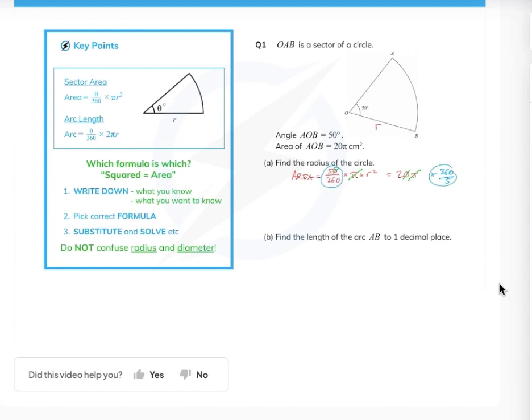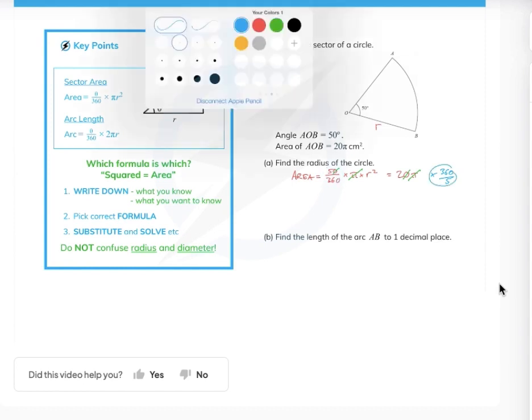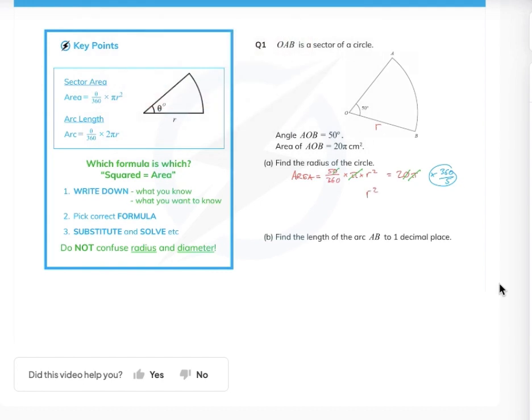Well, I'm trying to get rid of 5 over 360. If I do that, I get r squared equals 2 times 360 over 5, which is 144. You might take a couple more steps to do that, but that's fine. And square rooting gives me r equals 12, and it's in centimetres.